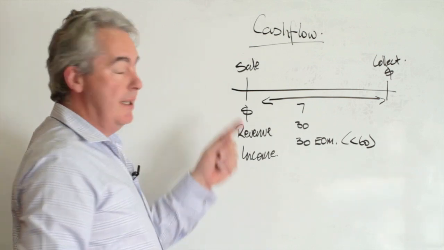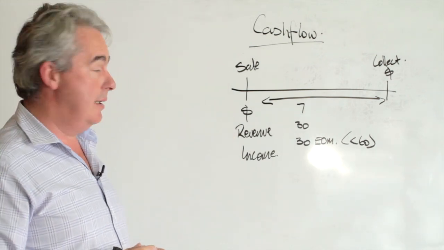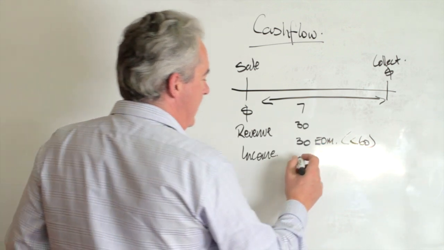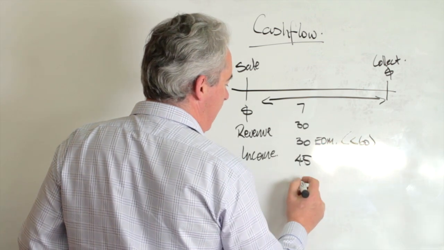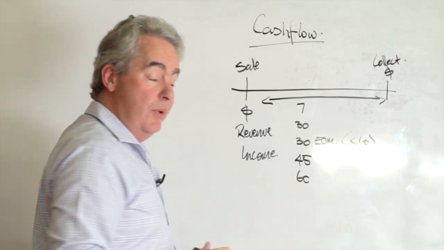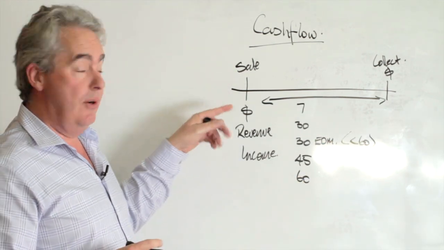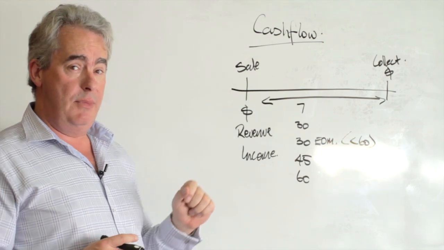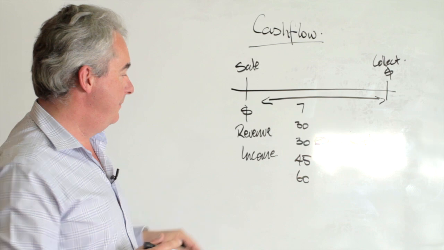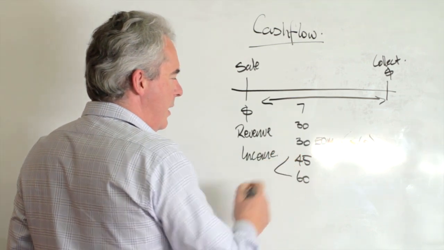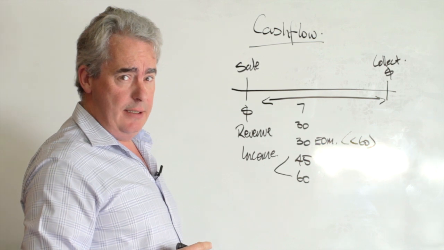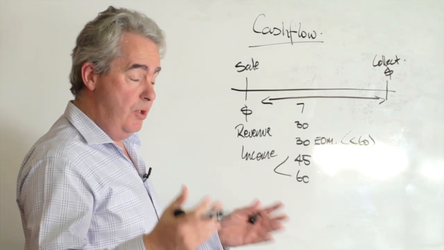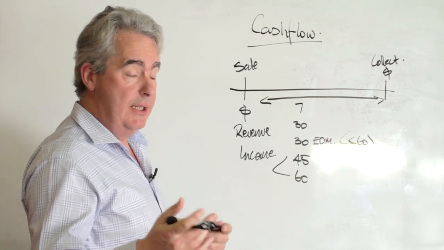So once we've made a sale, it can take us up to 60 days to collect that. A number of businesses, particularly when they start getting into a little bit of strife, will start stretching their customers. So we make the sale, one of our customers is in a little bit of financial bother, they can stretch us out to 45 to 60 days. So it takes us 1.5 to 2 months to get paid.